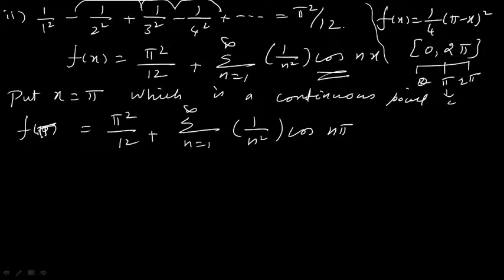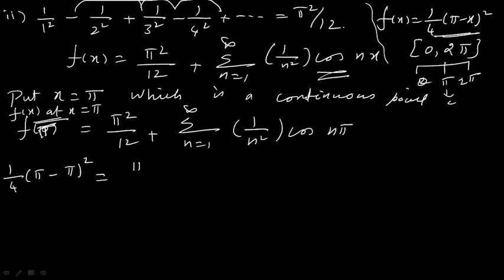What is f of pi? Replace x by pi. So your f of x is 1 by 4 pi minus x whole square. f of pi means f of x at x equal to pi. That is the meaning. So f of pi is 1 by 4 pi minus pi the whole square.